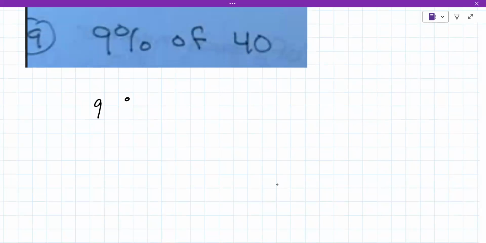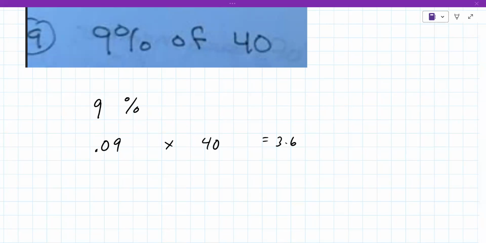What is 9% as a decimal? 0.09. Good. Okay, so you're going to really take 9 times 40 and then move the decimal. 3.60. Yes, 3.6, 3.60. Good.